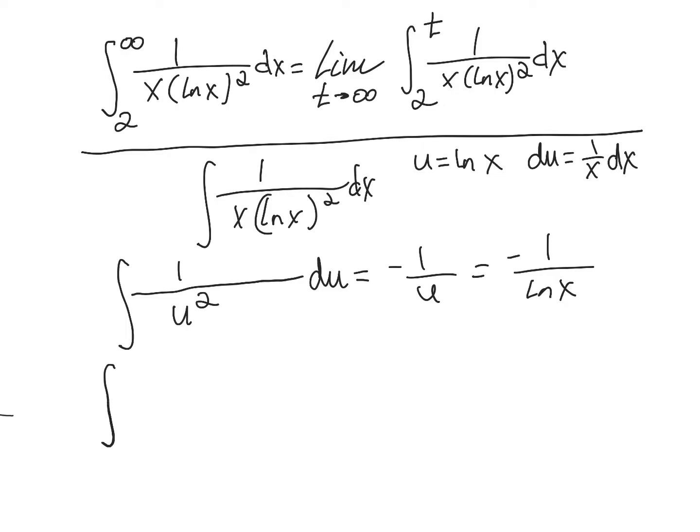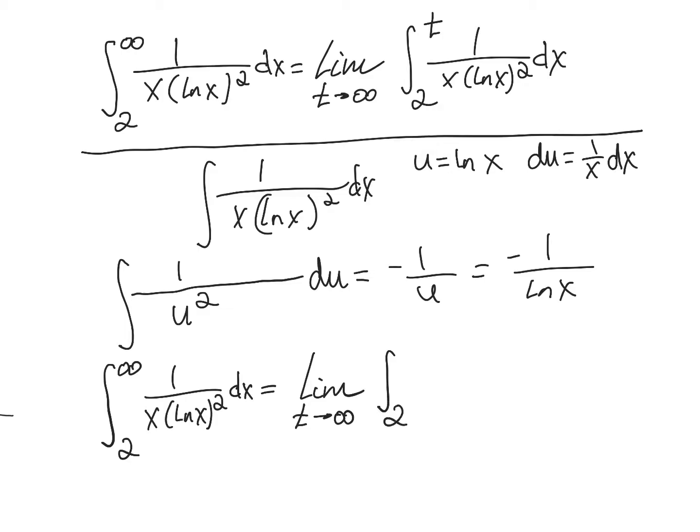And now return to the improper integral from 2 to infinity, 1 divided by x times natural log of x squared. Remember, we defined it as a limit, t approaches infinity, of the definite integral from 2 to t, 1 divided by x times natural log of x squared.